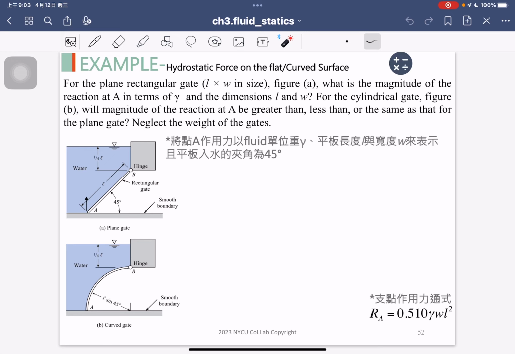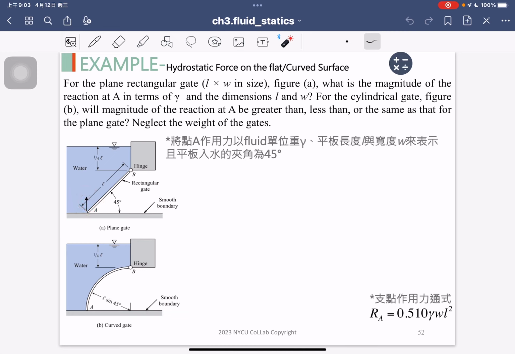So as you can see, in this question we also need to find out the force required to open the gate. So the purpose of this exercise is still to find out the force required to open the gate.